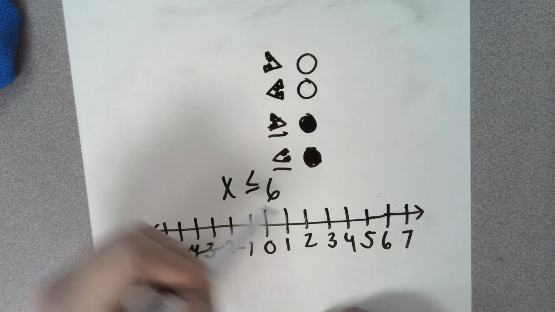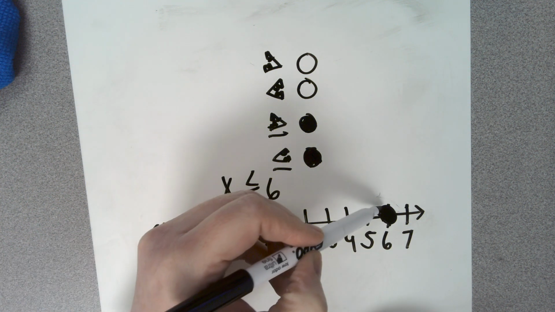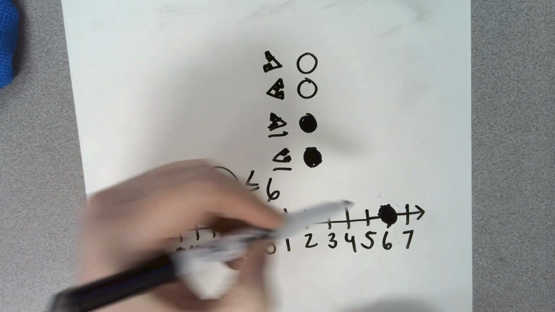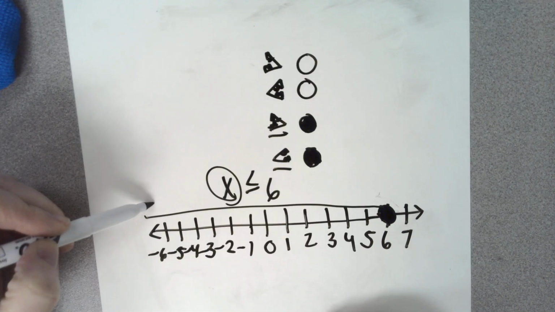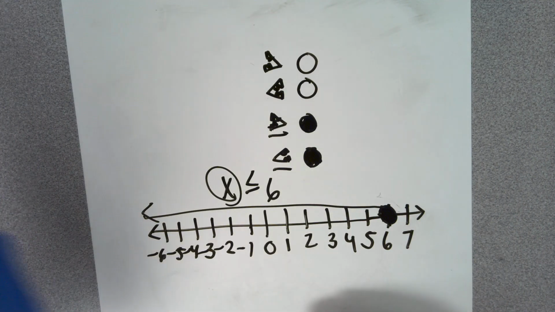And then you'd find 6, and since it has the equal symbol, because he ate that number, color it in, and then it says it has to be less than. So your unknown has to be less than. All right, that's how you graph them.